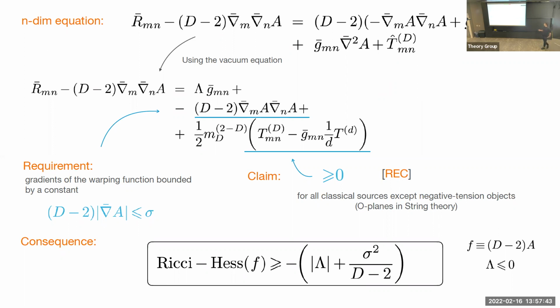And since we are not allowing for O-planes, we are also in the hypothesis of the Maldacena-Nunez theorem, so that the cosmological constant is not positive. So for the rest of the talk, I'm going to assume that it is negative.